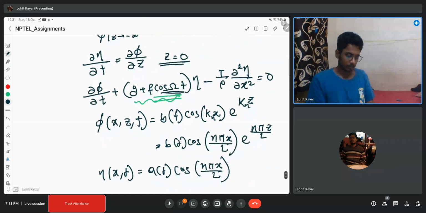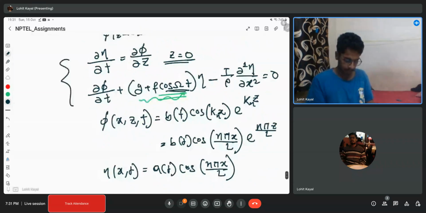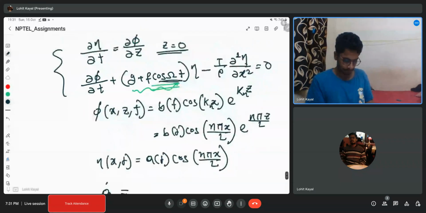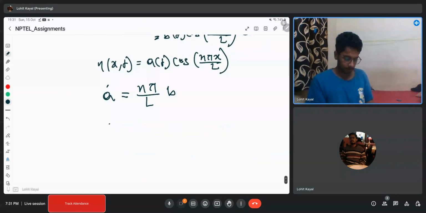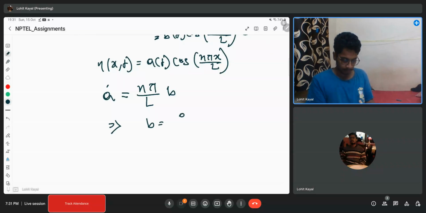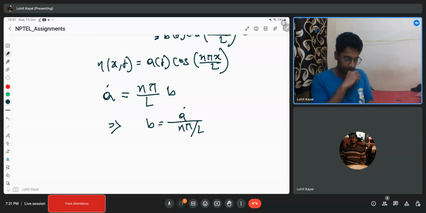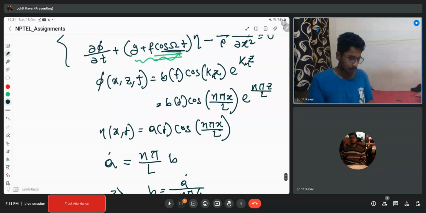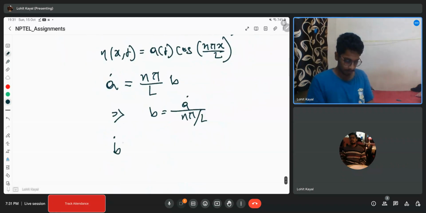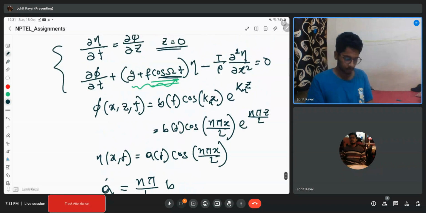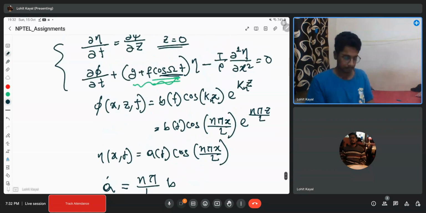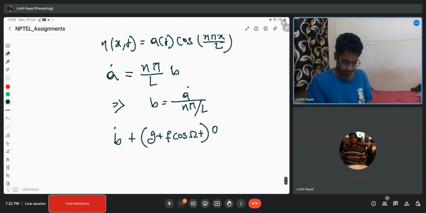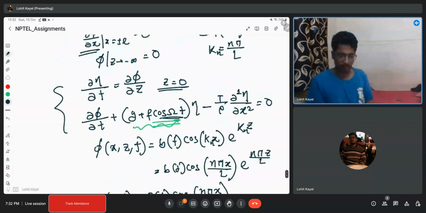Now if we put it in these two equations, we will get A dot equal to n pi by L times B. And from the second equation, we will get B equal to A dot divided by n pi by L. And from the other equation, del phi del t, that is B dot, plus (G plus F cos omega t) multiplied with eta, which is A, plus T by rho del square eta del x square.